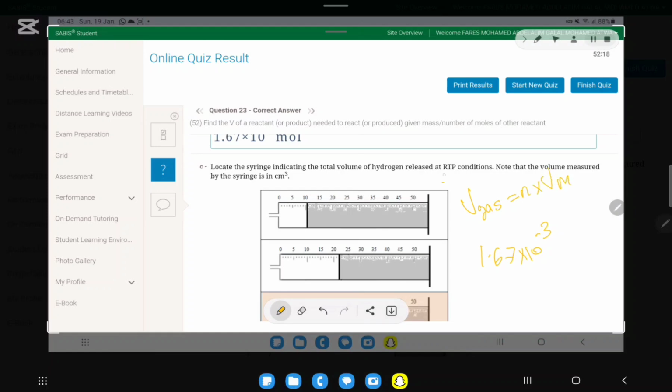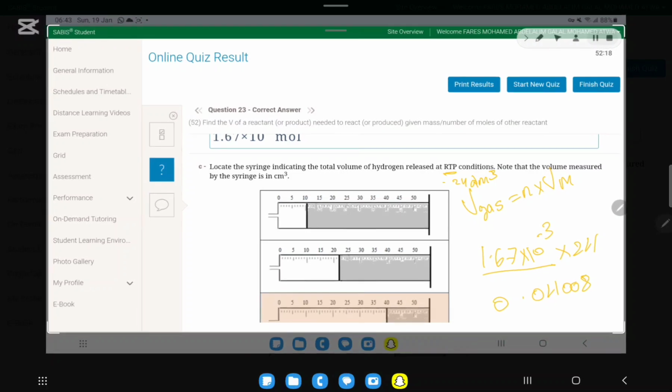Now Vm they gave it to us in RTP is 24 decimeters cubed. So it's n times 24. You put it in the calculator to make your life easier. You get 0.04008 decimeters cubed.